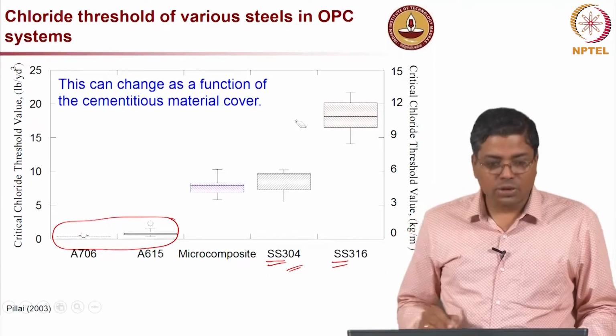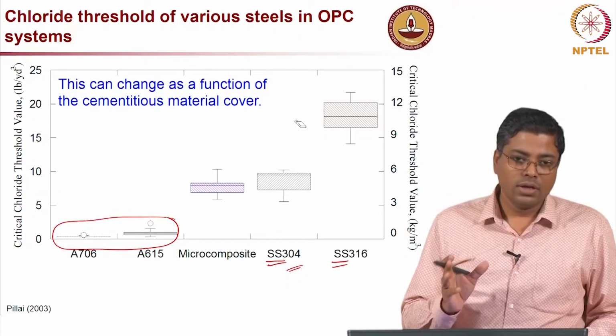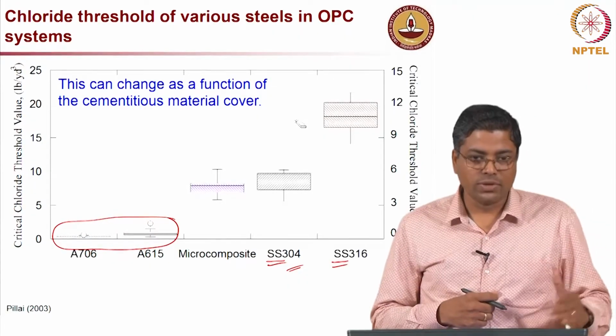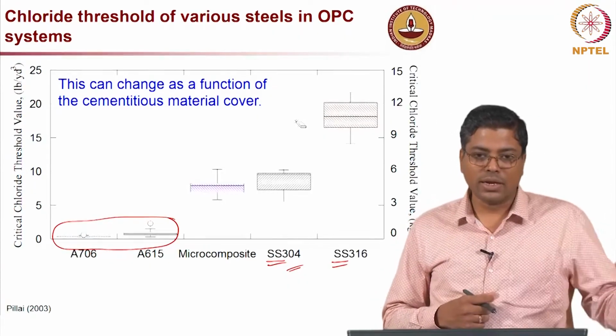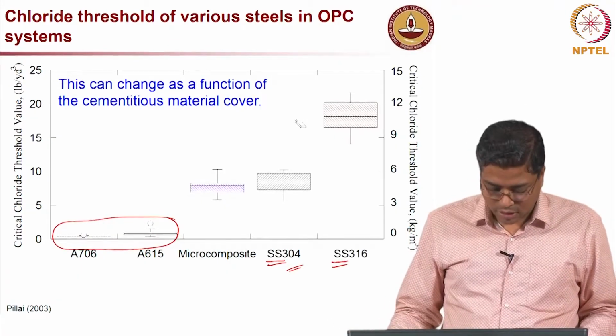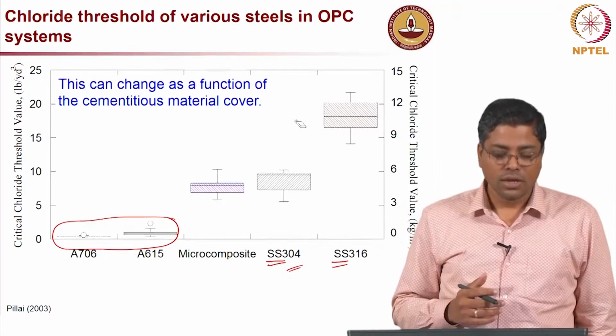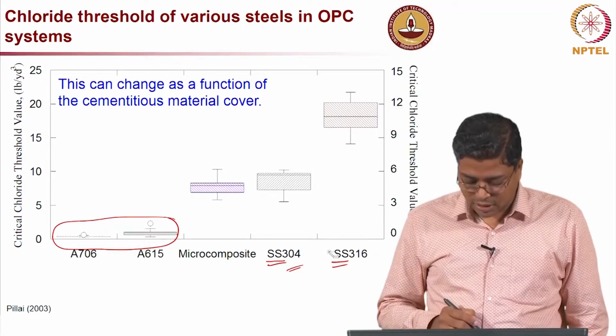But in India I do not think we use stainless steel a lot, unless we have a structure which we really want to have completely corrosion free, where we do not want any risk of corrosion, we may go for stainless steel.